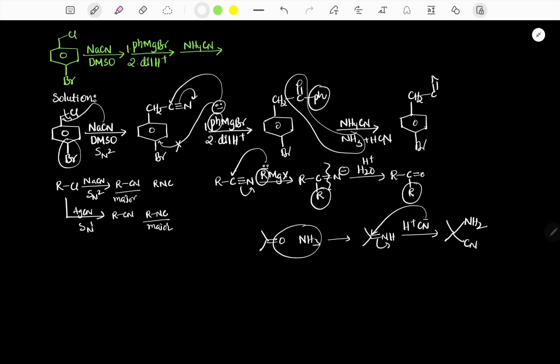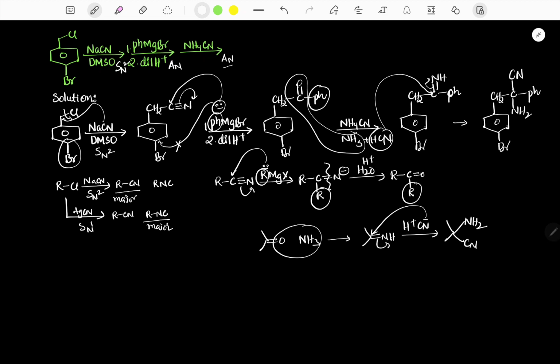Now the imine functional group undergoes nucleophilic addition and forms the corresponding product like this. So this is our final product. The first reaction is an SN2 reaction, the second reaction is nucleophilic addition, and the third reaction also involves nucleophilic addition.